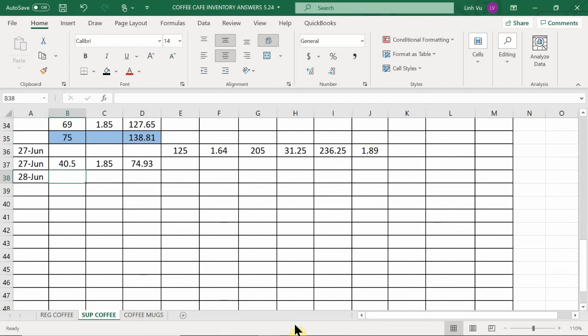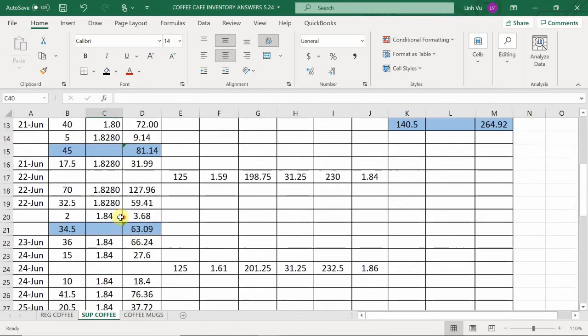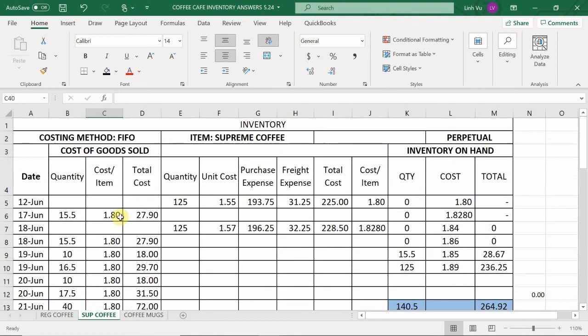So we sold 41 pounds of Supreme. You're not on the 21st.